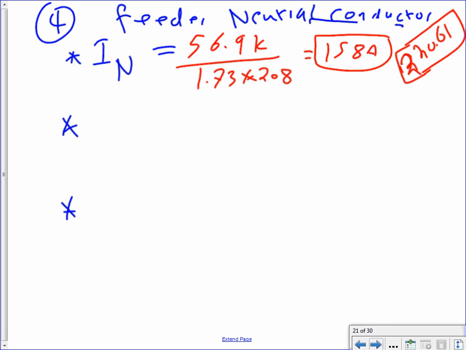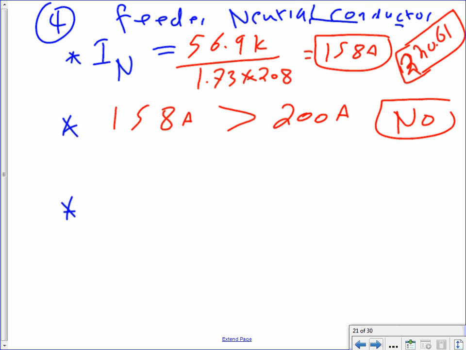Now, 158 amps is less than 200 amp. Then, do I have to derate? No. Remember how we derated 70%, guys? I have 158 amps, less than 200 amps. Do I need to multiply it by 0.7 like we did before? No, it's less than 200, so leave it alone.